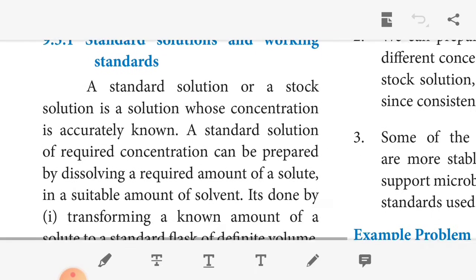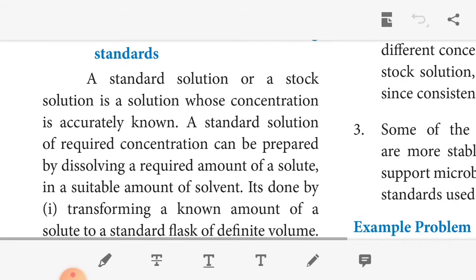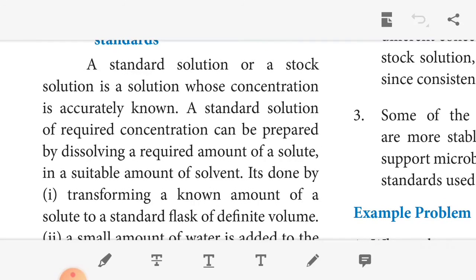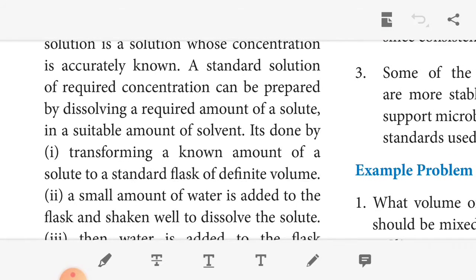What is meant by a standard solution? I repeat once again: a standard solution, also called a stock solution, is a solution whose concentration is accurately known. We can prepare a standard solution by dissolving the required amount of the solute in a suitable amount of solvent.